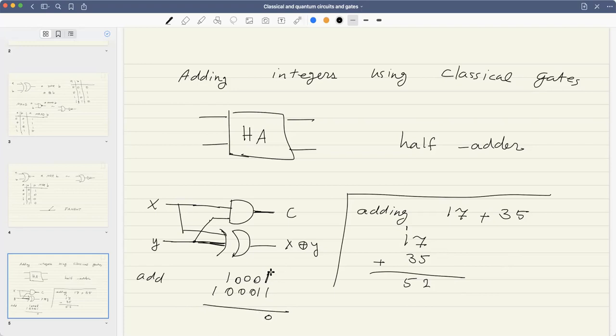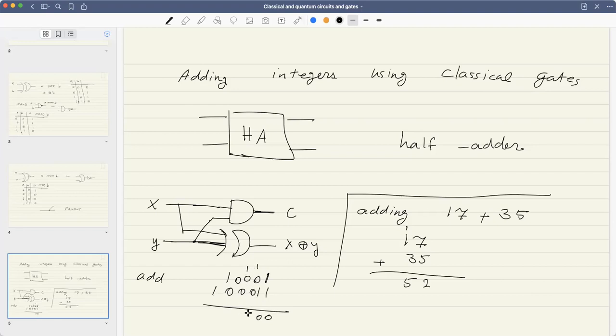But then I have a carryover, right? So whenever they're both 1, I get a carryover bit. So that gives me a 1 here. Again, I have 1, 0, and 1. I add them up, gives me 2 again. That's again 0. Carry it over here.